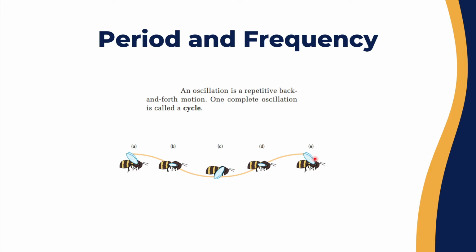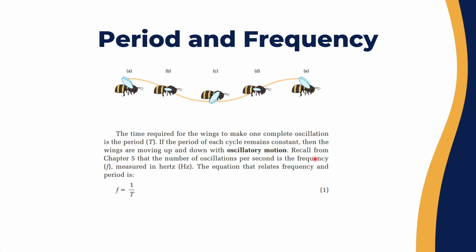While we're talking about oscillation and oscillatory motion, it is important to know the cycle. As we mentioned, one complete oscillation is called the cycle. We talked a little bit previously about period and frequency. We still care about those terms and definitions as we are talking about mechanical waves and oscillatory motion. The definition of the period is the time required for the wings to make one complete oscillation.